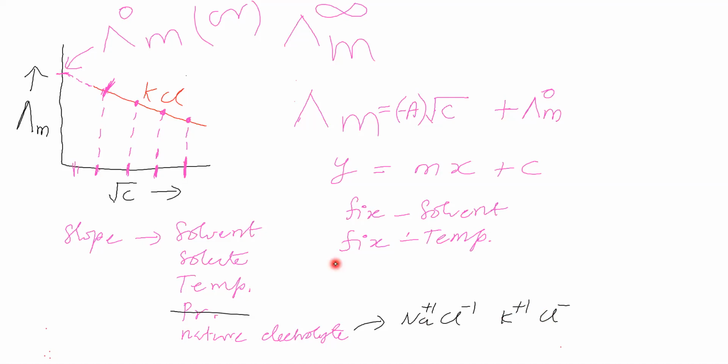Now, for this lambda m versus square root of c curve, the curves are certainly different, there is no doubt. But both will be linear only, y equals mx plus c. Now we have to see the slope, here slope and here slope.